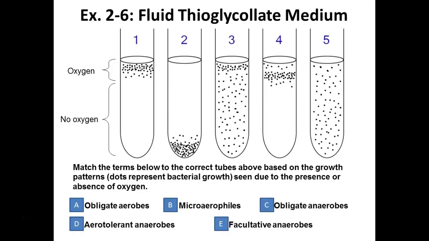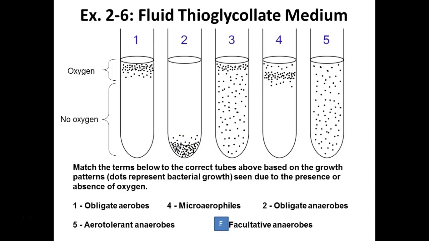So our obligate aerobes, where are they going to grow in our tubes? Which tube represents their growth pattern? Yeah, number 1. Microaerophiles? 4, because they're going to be in the less oxygen, not the high oxygen zone. Obligate anaerobes? 2. They're only going to be in the no oxygen zone. Aerotolerant anaerobes?